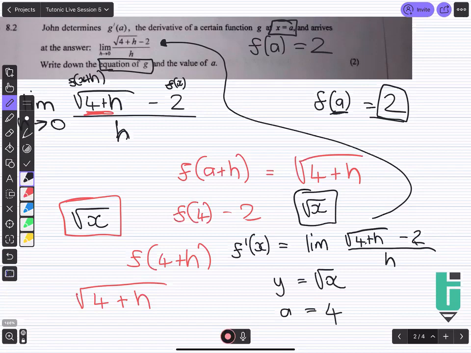But this is a higher order question. It's not your standard question. But does it make sense? Yeah, it does. This is not the question that you'll get all the time. This is a higher order question, but I'm pretty sure there's a way to do it without trial and error.